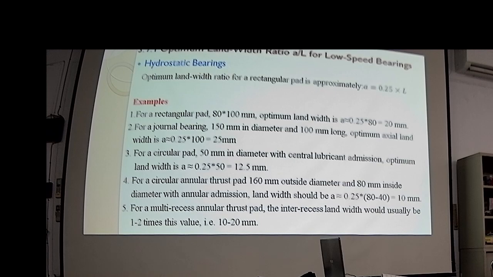What is the bandwidth ratio for the low speed bearing?